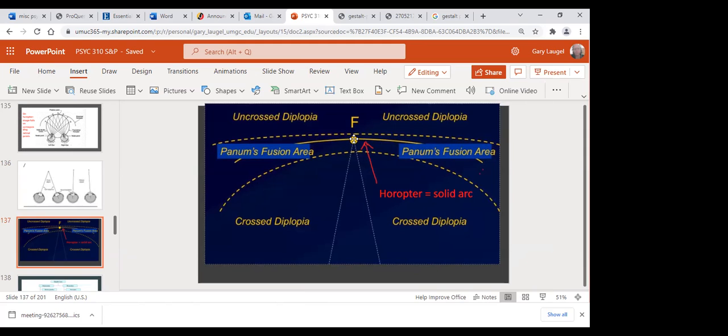And if you draw an imaginary line through what you're looking at, that's the fixation point. And in fact, you see things in front of the fixation point in a phenomenon called crossed diplopia. Diplopia means double vision. And things that are beyond the horopter, you'd see in what's called uncrossed diplopia.